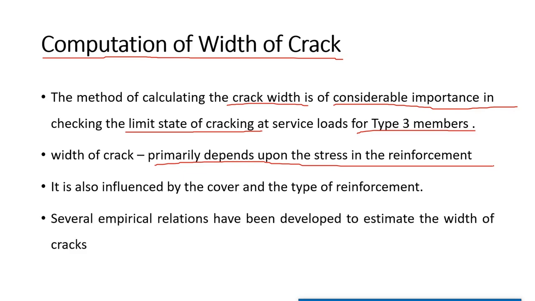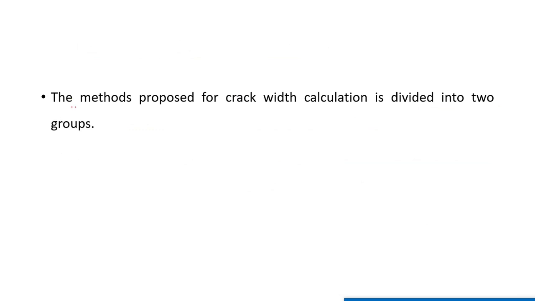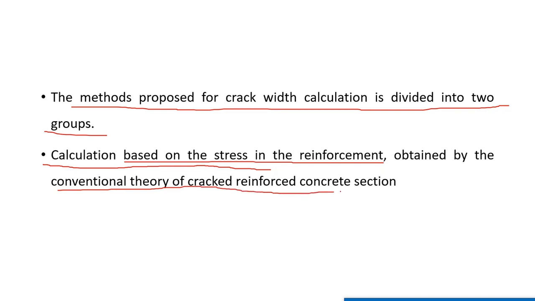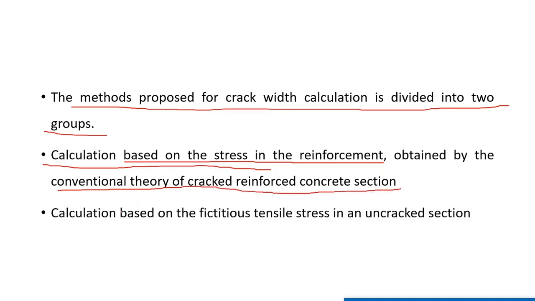Then several empirical relations have been developed to estimate the width of cracks. The methods proposed for crack width calculation are mainly divided into two categories. The first one is calculation of crack width based on the stress in the reinforcement. Okay, and it is obtained by the conventional theory of cracked reinforced concrete section, and the second one is calculation based on the fictitious tensile stress in an uncracked section.